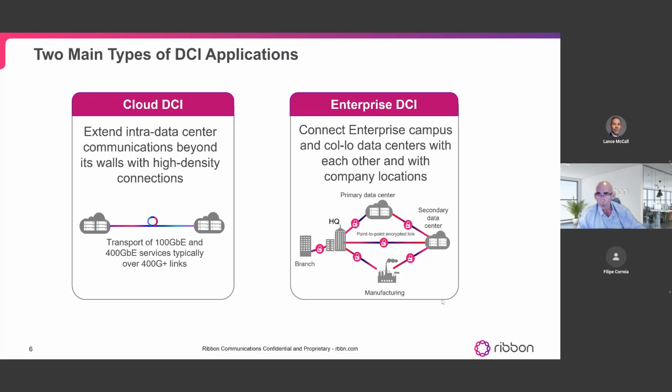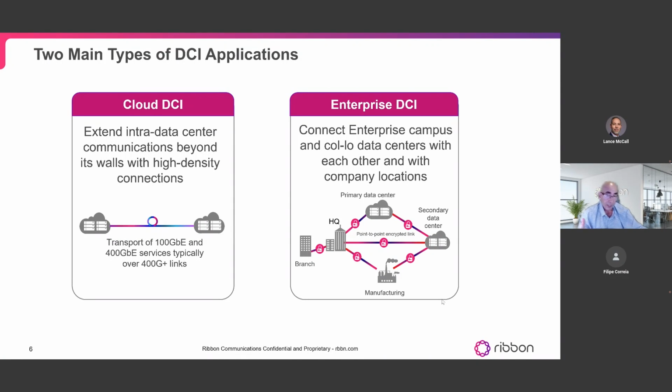The second is enterprise DCI. This is typically more to connect enterprise campuses and colo centers together. This is a mix of both Ethernet, but also storage area networking type protocols like Fiber Channel. So there are purpose-fit products to support enterprise DCI.